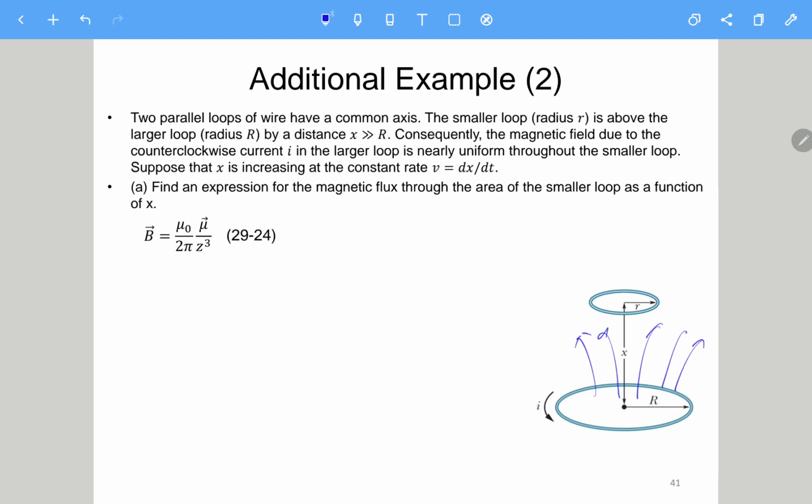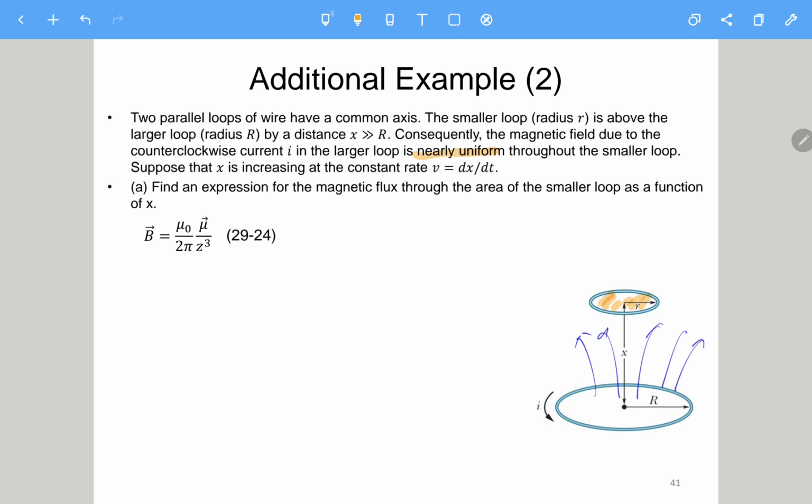Of course, it is not so uniform, but here it assumes that x is much larger than r, so that we assume the magnetic field going through is nearly uniform through the smaller loop.